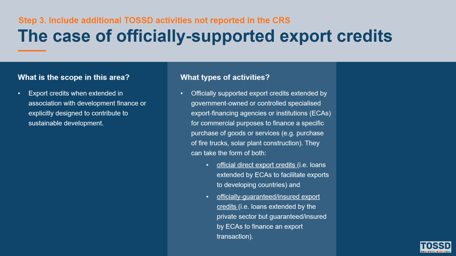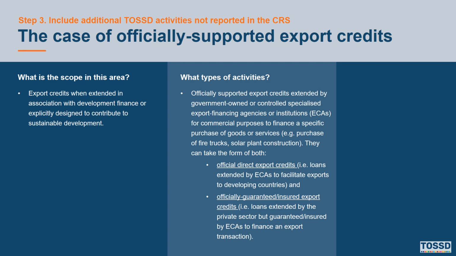Types of activities that can be included are officially supported export credits extended by government-owned or controlled specialized export financing agencies or institutions, export credit agencies, ECAs, for commercial purposes to finance a specific purchase of goods or services, for example, purchase of a fire truck, solar plant construction.